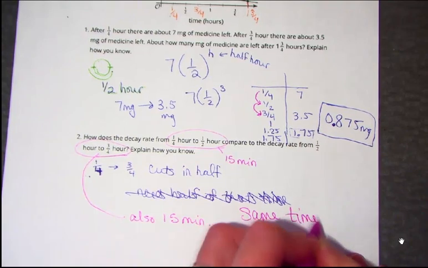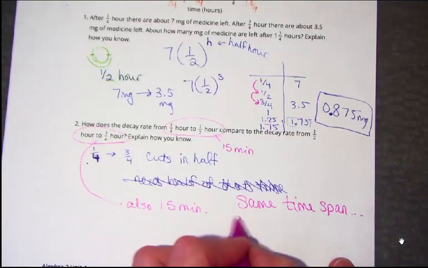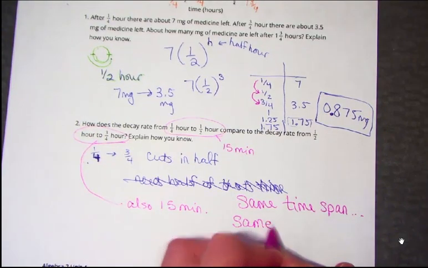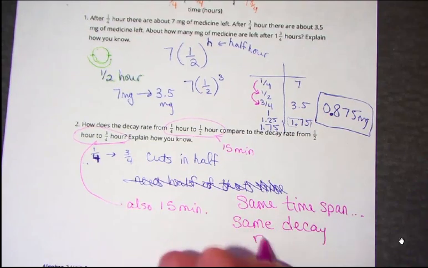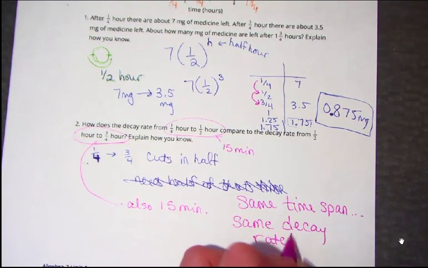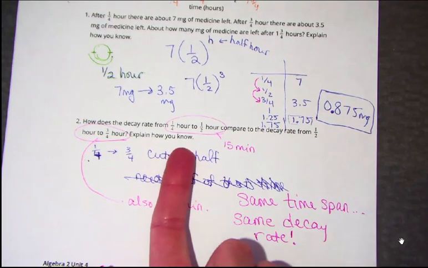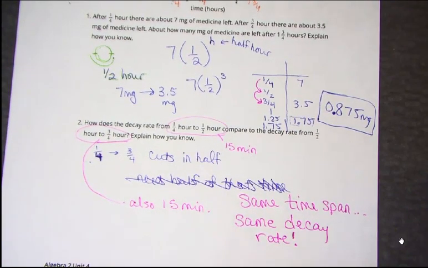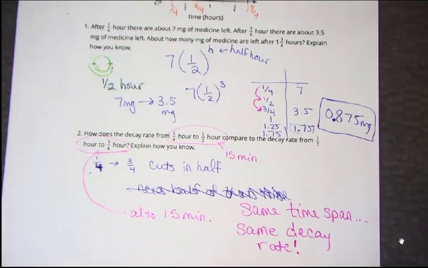So that's our big idea. Same time span is the same decay rate. And the same would be true for growth. As long as I have that same time input changing, I'm going to have the same multiplier on the output.